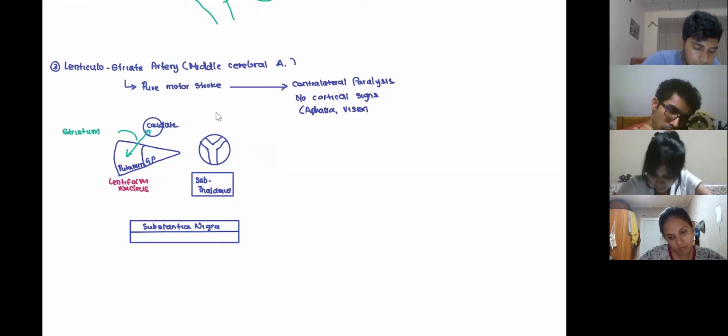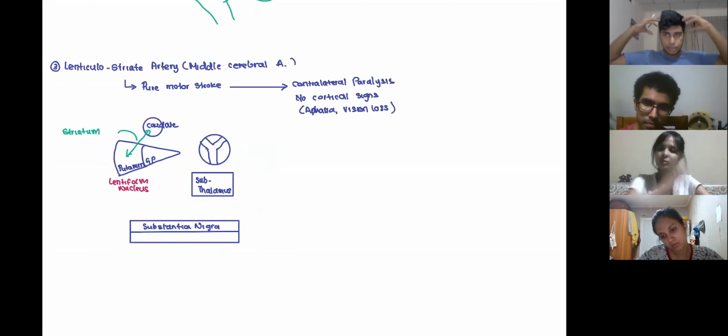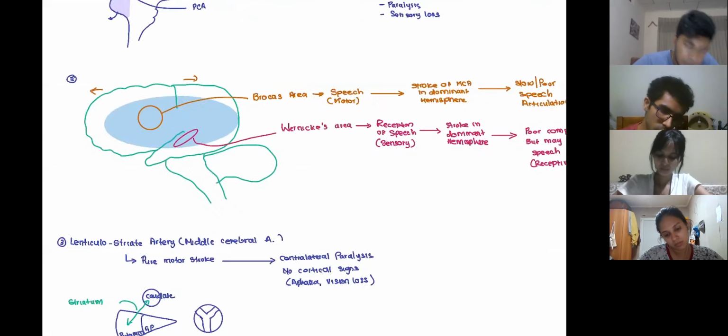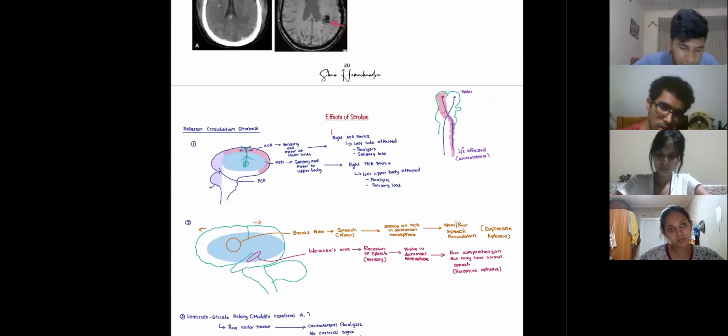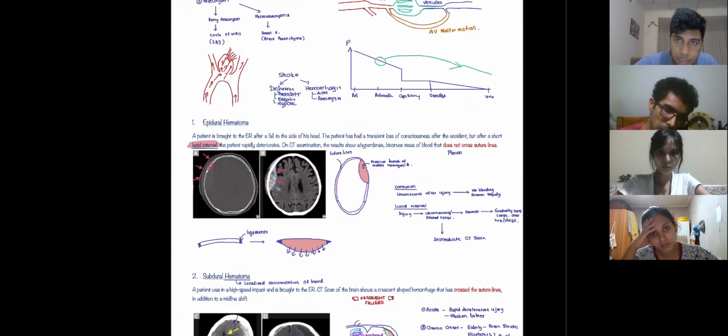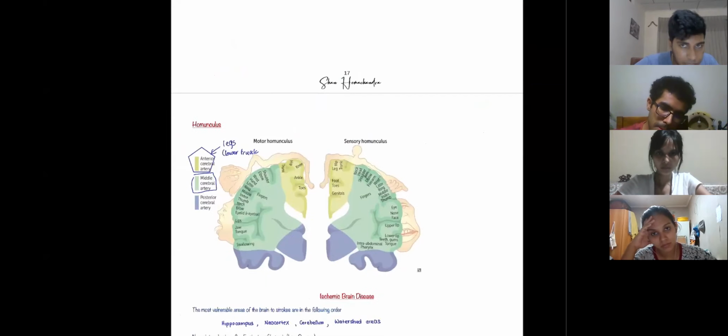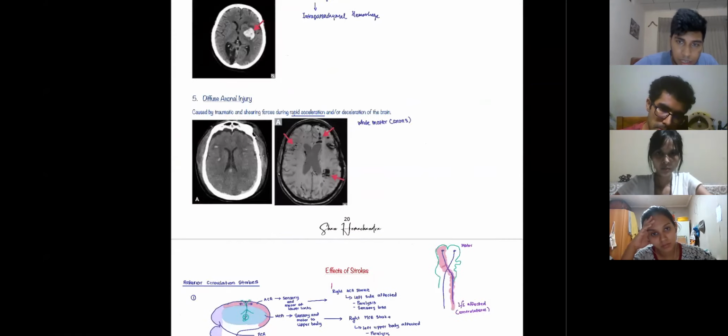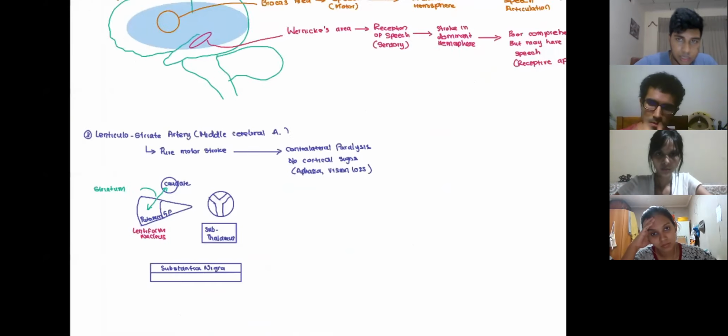This includes aphasia, vision loss, nothing like that. Okay, because I told you this is at the base of the brain. I need you guys to understand this. Look at how many words I have given and look at how many diagrams I have given. Try to understand, not memorize. Okay.